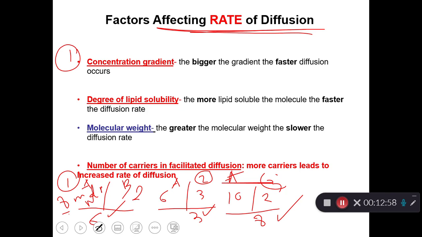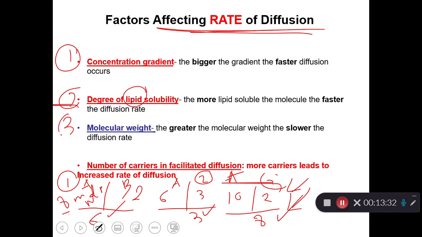Why? Because the third case, which has 10 molar on one side and 2 on the other, has the highest difference between the two sides. The second thing that increases the rate of diffusion is the degree of lipid solubility. The more lipid soluble molecules diffuse faster through the cell membrane because they go directly without the need for channels or transporters. Number three, the molecular weight.